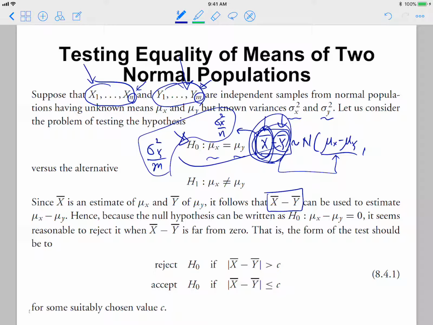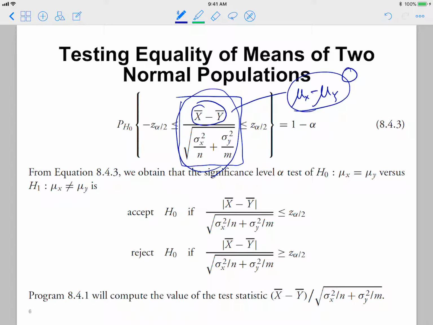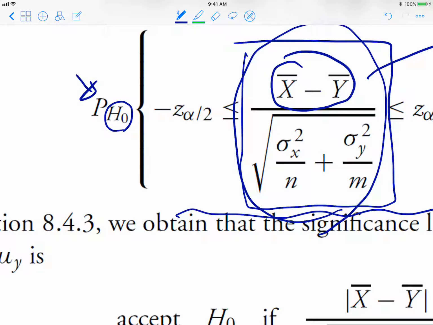We assume that the null hypothesis is true when computing the test statistic, right? So we are assuming this situation, and so this one will be 0. Altogether, this statistic will follow the standard normal random variable. Here P of H naught means we compute the probability assuming that H naught, the null hypothesis, is true.